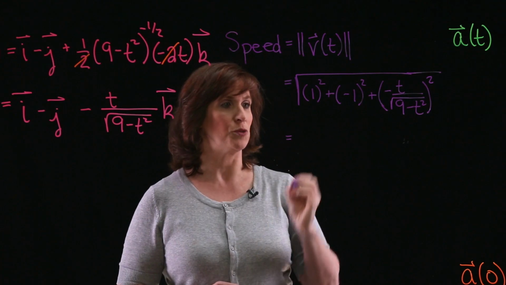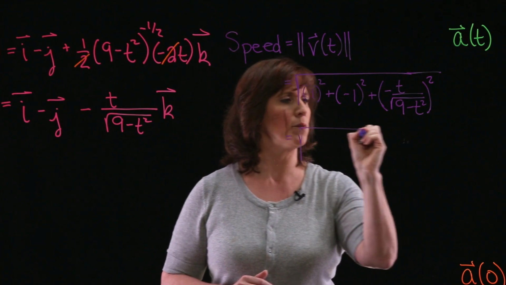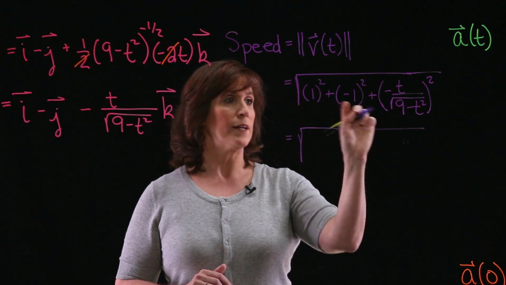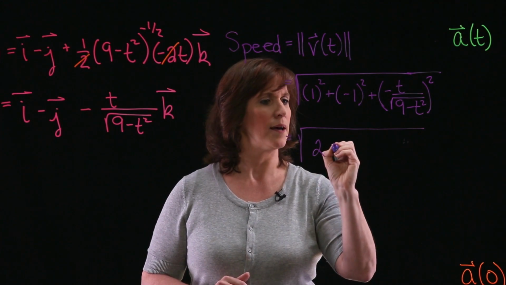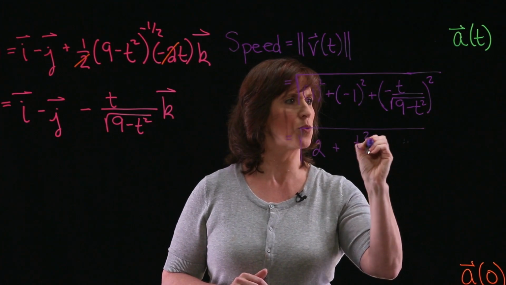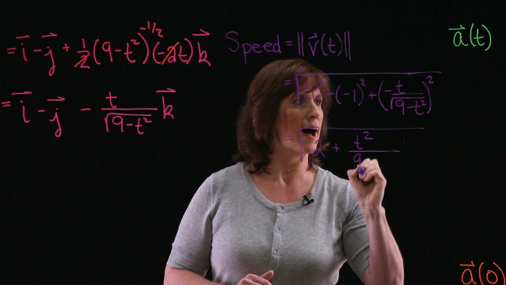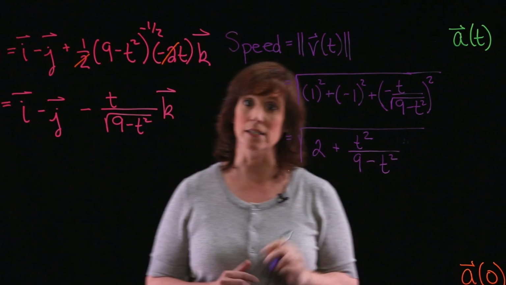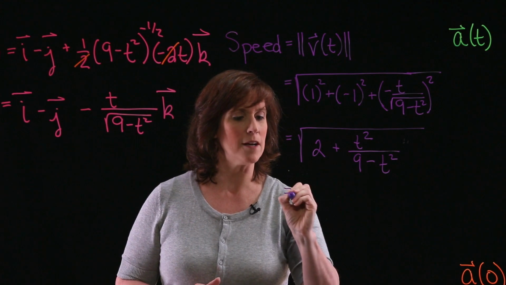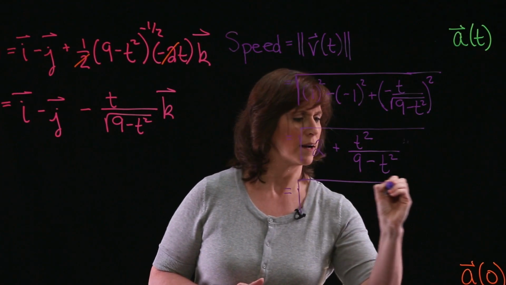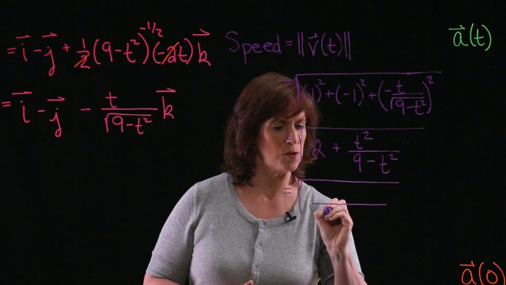So now I have some algebra to do. So I have the square root of 1 plus 1, so that will be a 2, plus t squared all over 9 minus t squared. And I can get a common denominator here of 9 minus t squared.